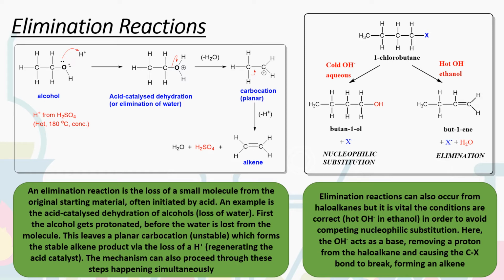So let's look at the left first, this elimination from the alcohol. An elimination reaction is the loss of a small molecule from the original starting material. Often, that small molecule can be water, and it's often initiated by acid. So the example here is the acid-catalyzed dehydration of alcohols, where we end up losing a water molecule.